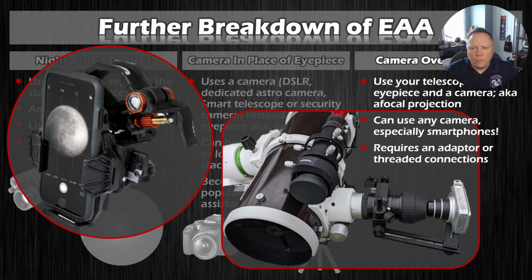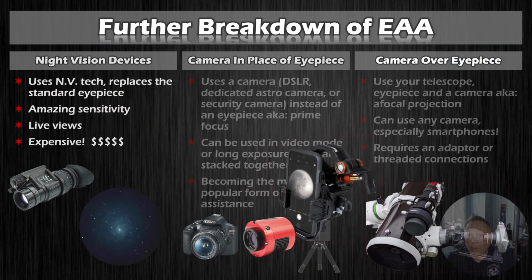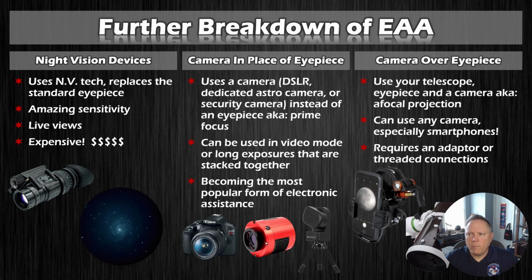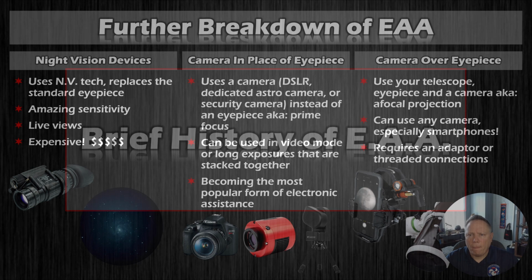The Celestron NexYZ, which is the device pictured on the left, is one of those devices. So that's a breakdown of EAA in terms of the different devices, or how we can split that apart.